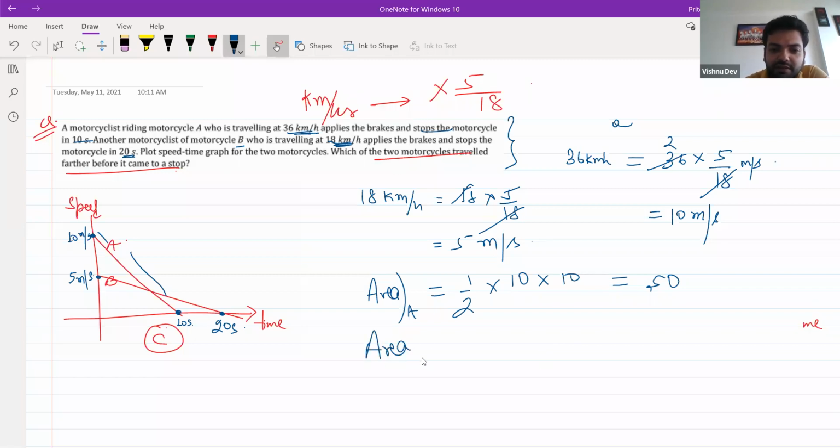Area for B: half times base 20 times height, so it will be 50. So for both of them we are getting 50 meters.